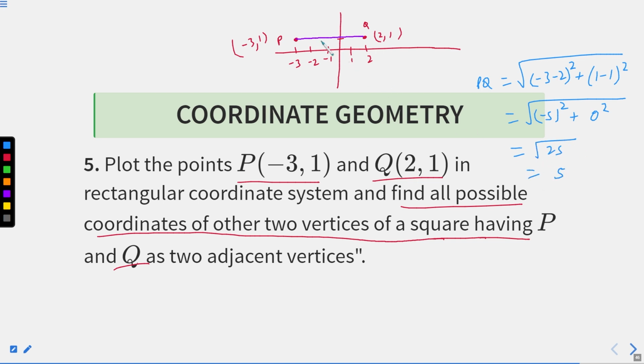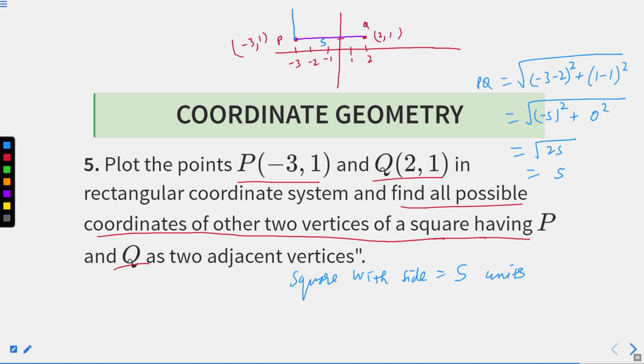So the distance is 5. So we have to make a square with side equal to 5 units. Okay, so I have to go up 5 units.